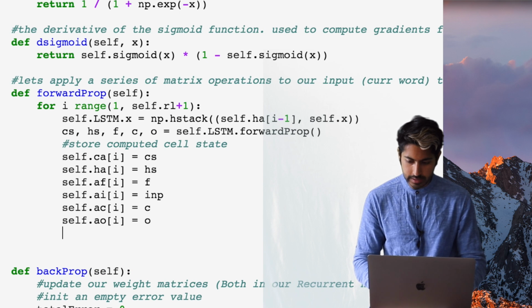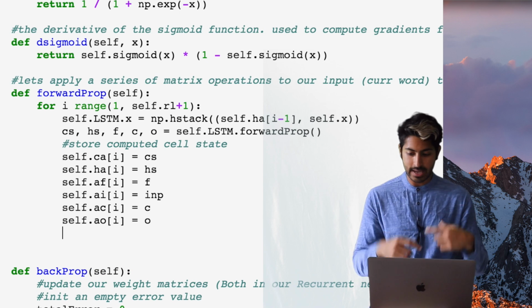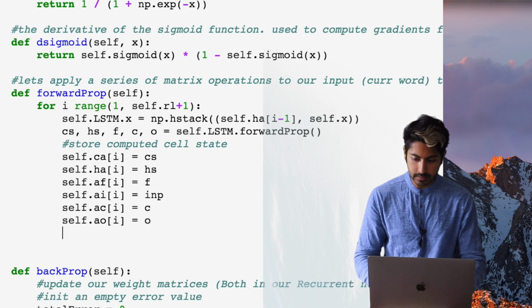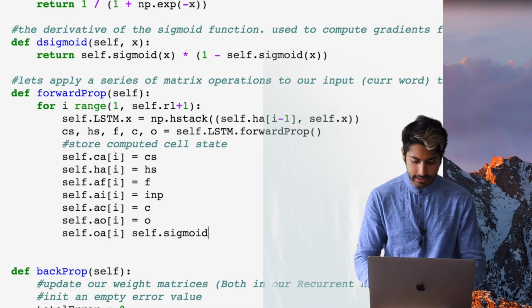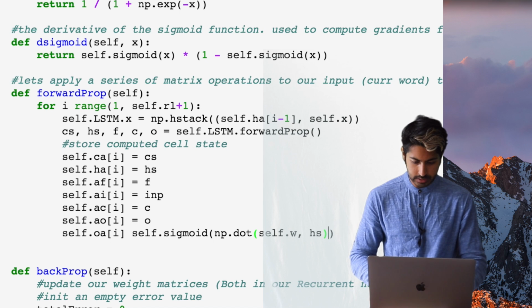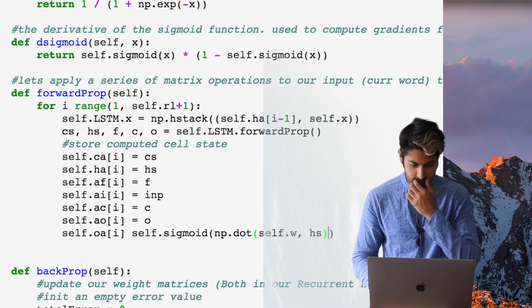Now we can calculate the output by multiplying the hidden state with the weight matrix. So, input times weight, add a bias, activate. So we'll compute that output by saying self.sigmoid. So we'll use the sigmoid function to activate the weight times the input, add a bias, activate, right?